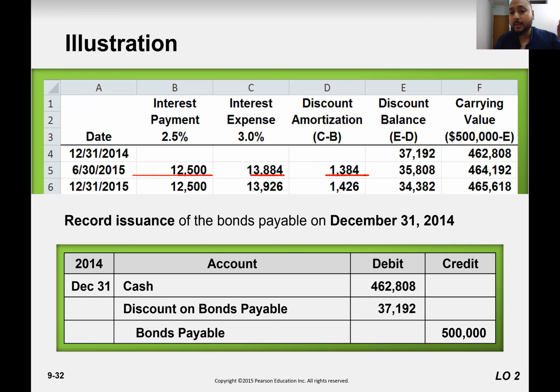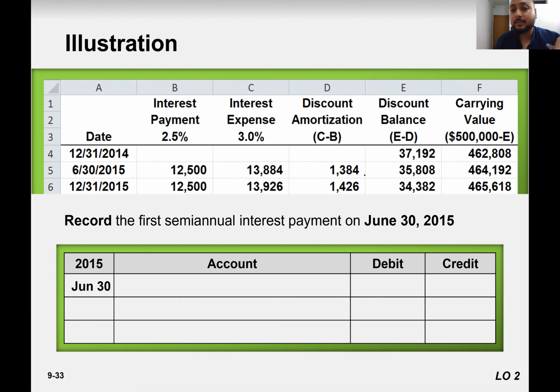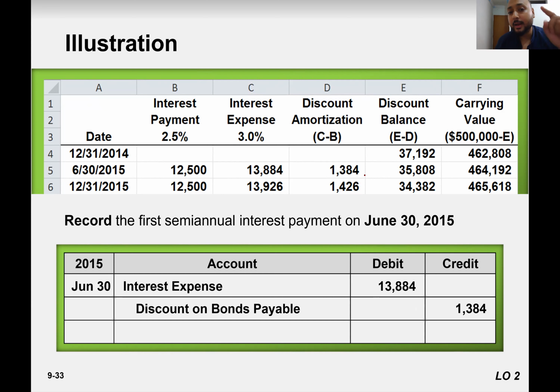So the entry would be interest expense 13,884, discount on bonds 1,384, and cash 12,500. Interest payment is your cash. Remember, this is not interest expense. Interest payment is actually cash going out from the business, right?